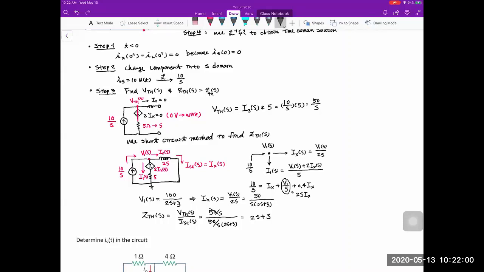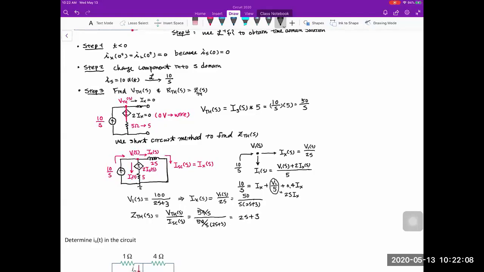All right, so what would this do for us? Once you convert this, then you can see your Thevenin circuit becomes this. Your Thevenin circuit is actually a circuit like this. This is your source, this is your VTH, which is 50 over S. And you have an impedance over here.